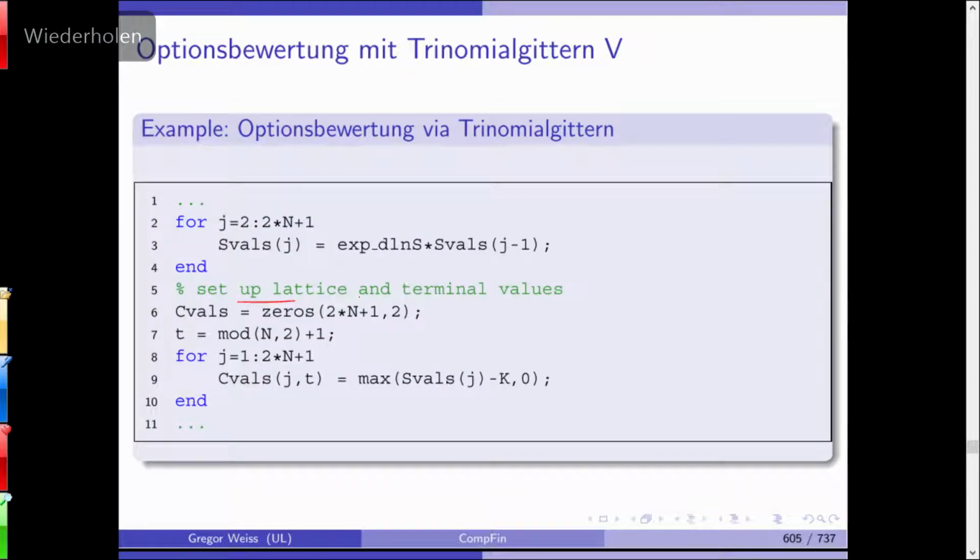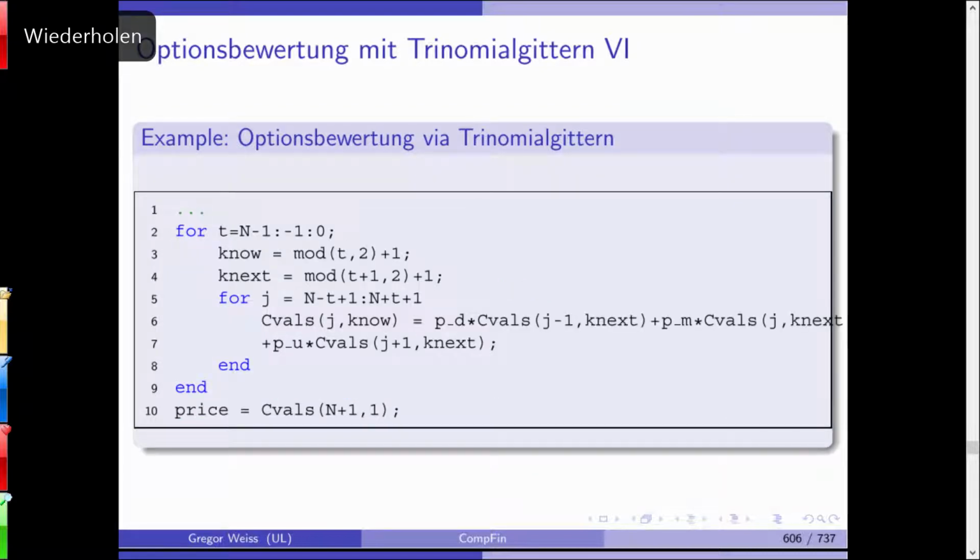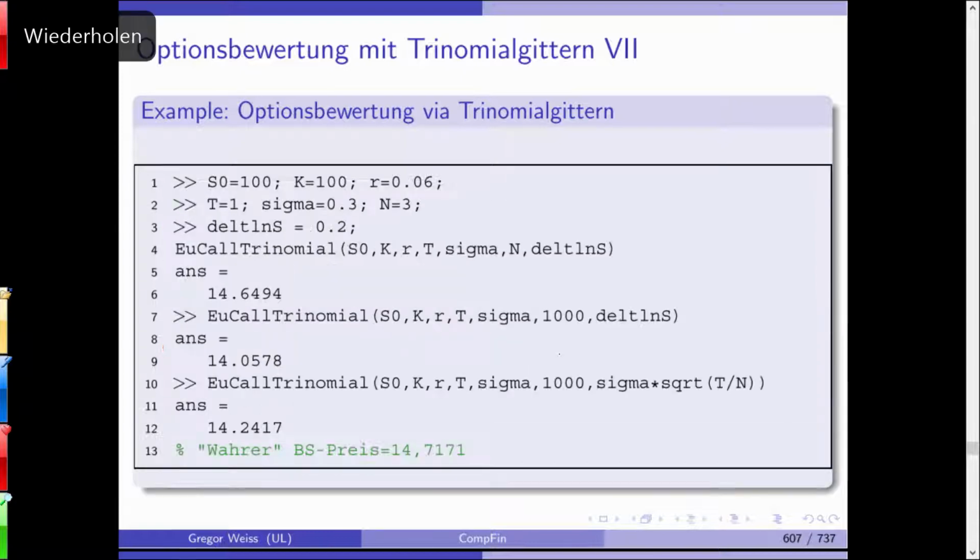Then I'll set up the lattice. You can see this is again the initialization of the payout profiles of the option in the last column. And then this is going back one column, one column, one column, and finally I get the price in the last step. Here this is the same, just programmed in a slightly different way.